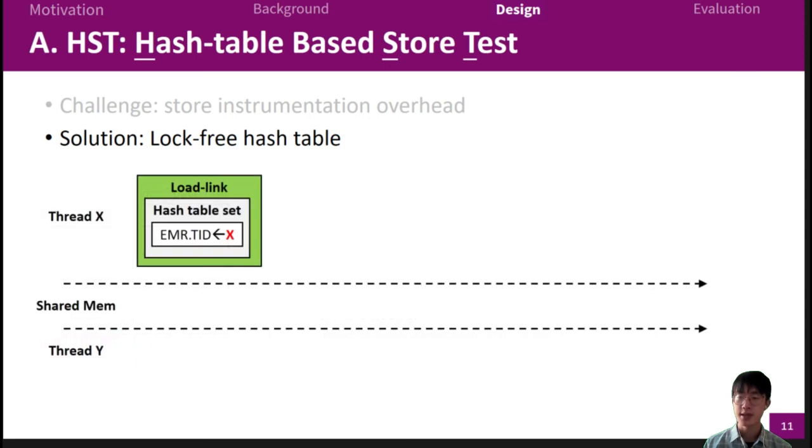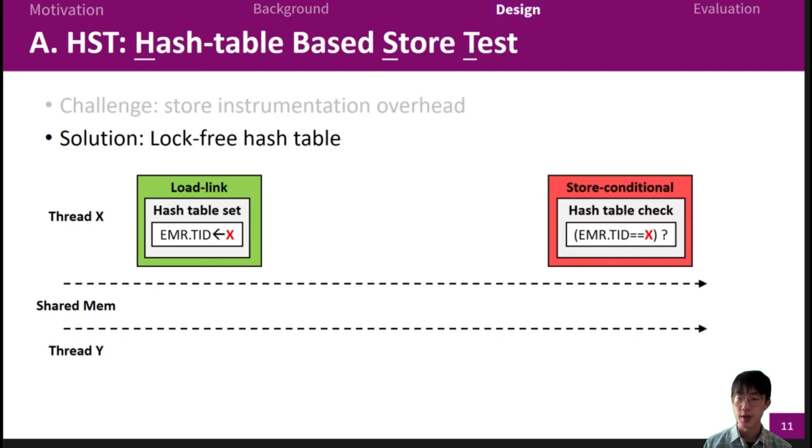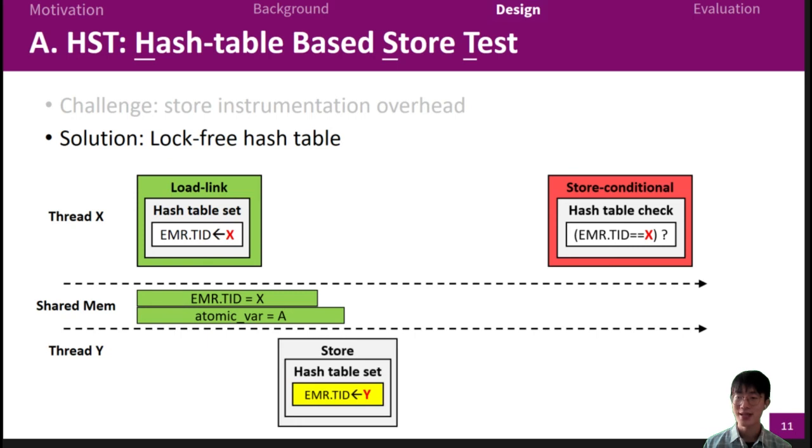Based on the lock-free hash table, we can implement the ABA-safe LLSC. The load link first performs a hash table set, which writes its TID X to the EMR TID field, and the store conditional performs a hash table check to see if the EMR TID still equals its TID X. After the load link, the EMR TID is set to X, and we suppose the atomic variable is A. If a store from thread Y to the atomic variable happens at this time, it will be instrumented to perform a hash table set first, and the EMR TID is set to Y, and then it writes to the atomic variable.